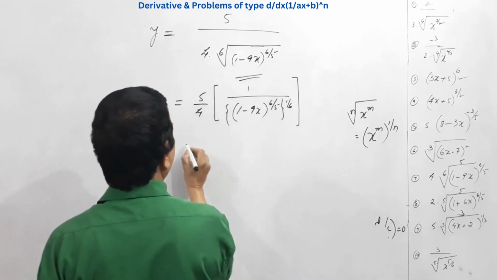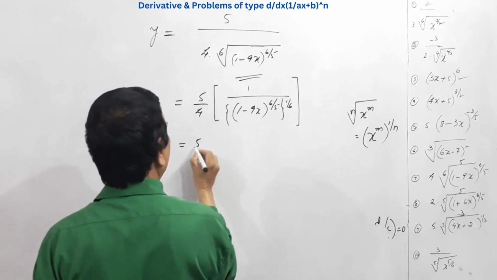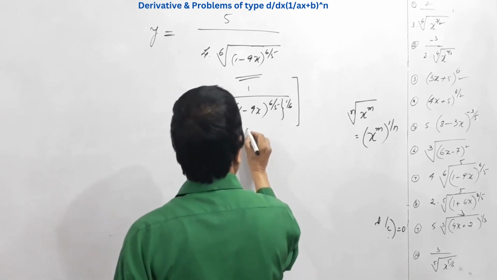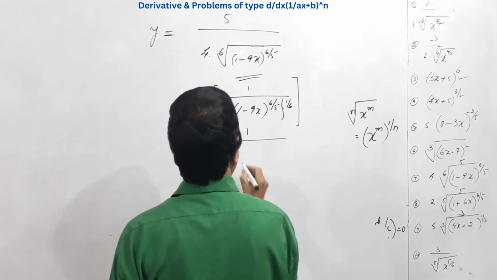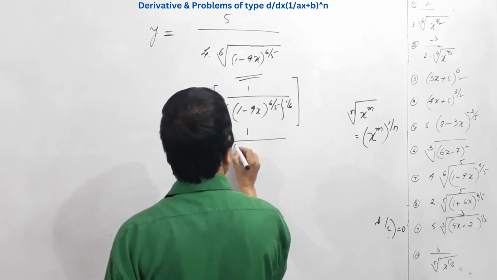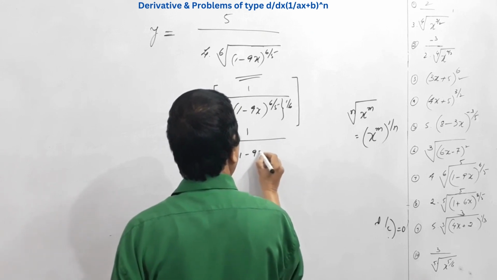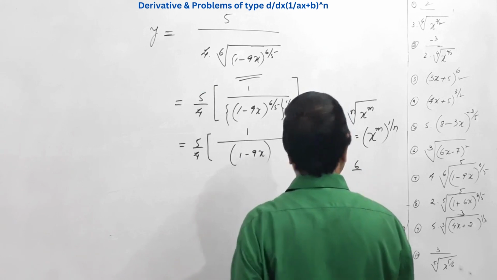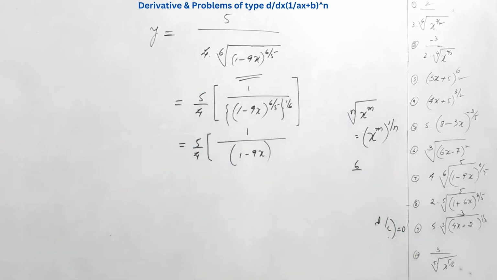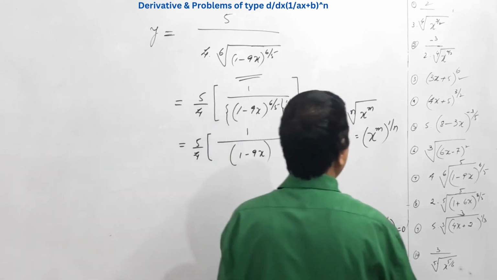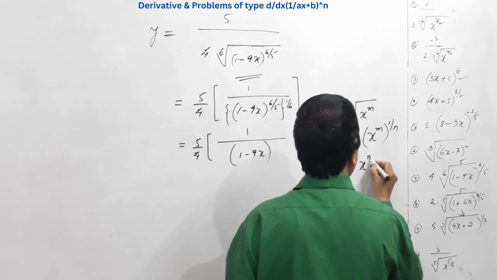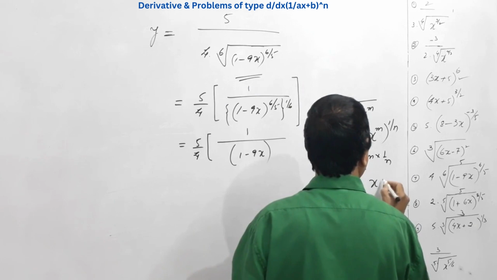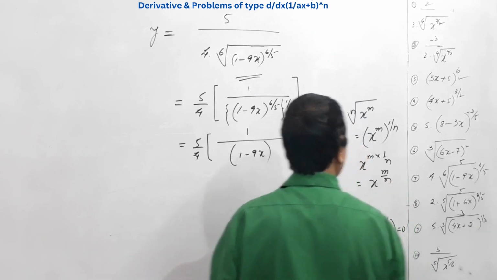So further simplifying, this is equal to 5 by 4 into 1 by, I will remove this bracket, 1 minus 9x. So we have 6 by 5, and this can be simplified as x to the power of m into 1 by n equals x to the power of m by n.